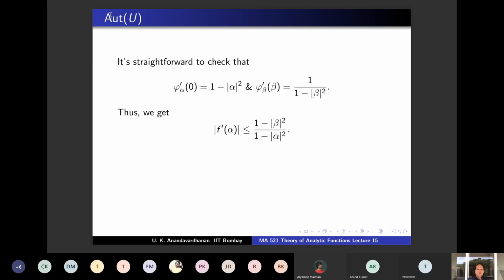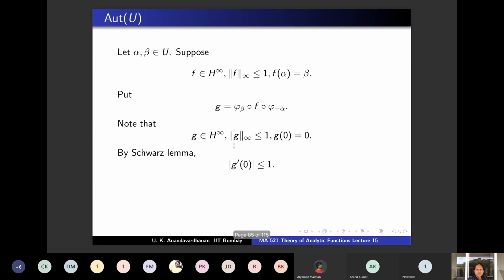Okay. So before that, let me make this observation. If equality holds here, you can conclude something more. Why? Because this was just Schwarz's lemma, right? This was mod g prime 0 less than or equal to 1. So if equality holds there, then equality holds here. And if equality holds here, what can you conclude? In Schwarz's lemma, if equality holds, you can conclude that g(z) is lambda z, where mod lambda is 1.